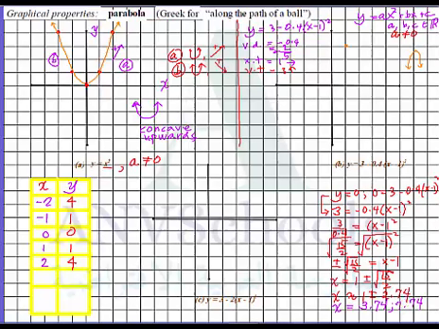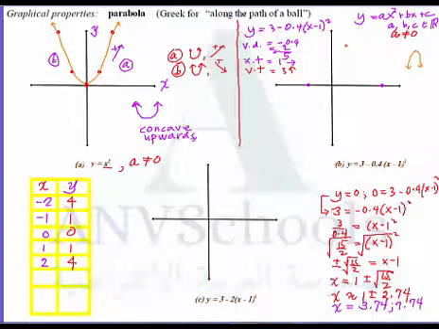So where is negative 1.74? It's somewhere here. And the other one is 3.74. So it should be somewhere here. Okay. And how about our y-intercept? Okay, let's solve for our y-intercept. Let's take out the grid first, okay?